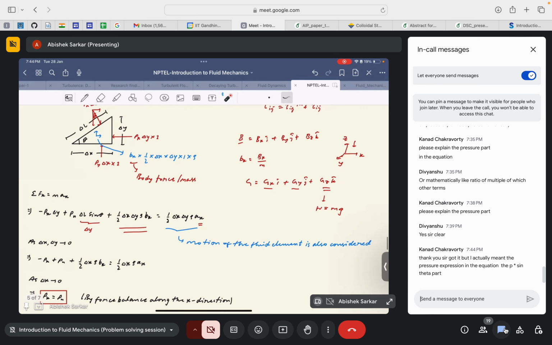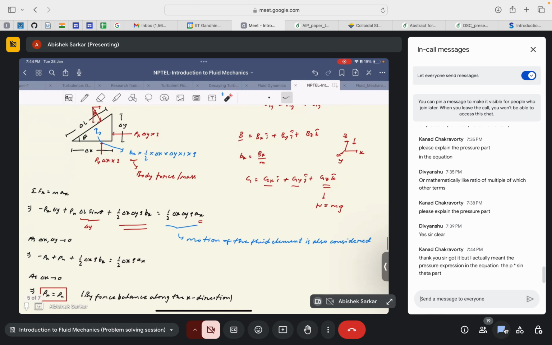Then considering the force balance along the x direction, the pressure would always act.